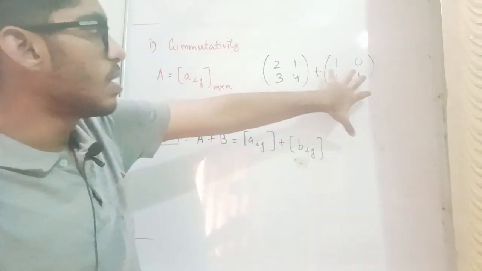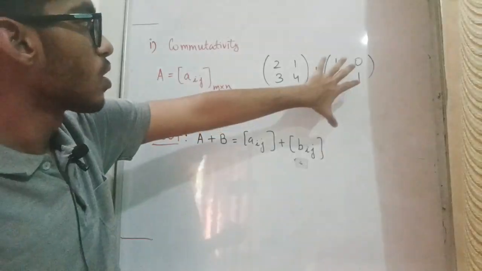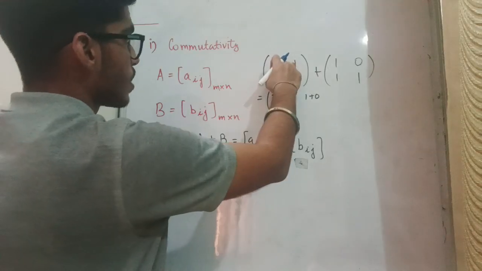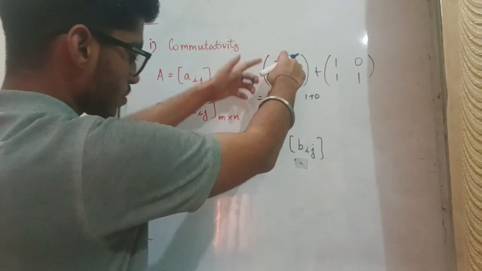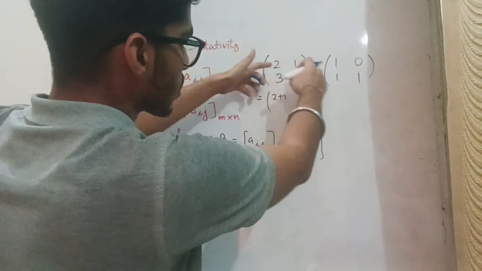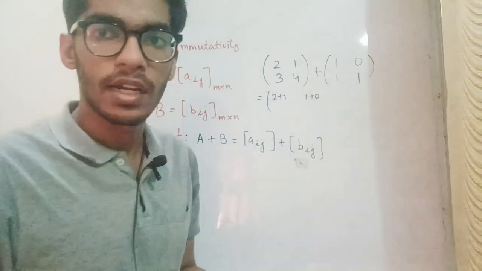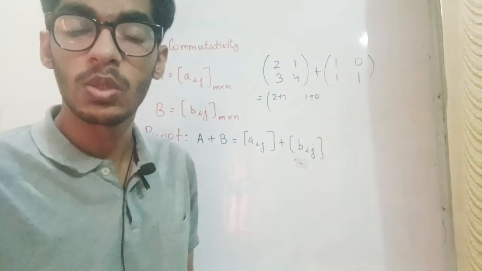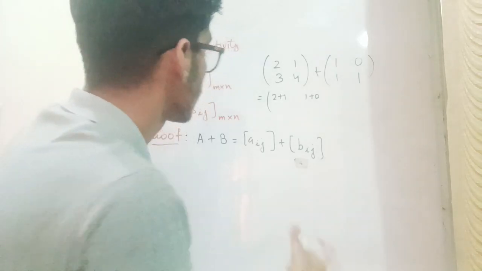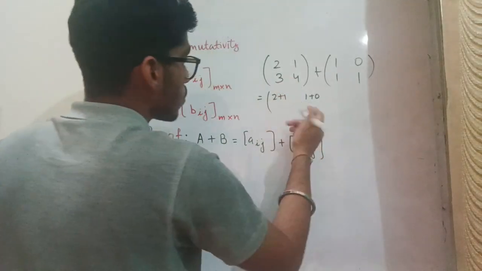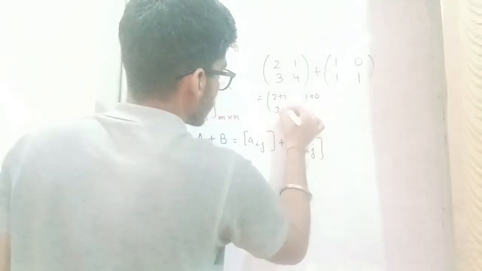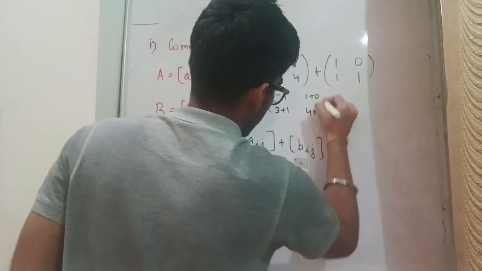That is, all the elements that occupy common positions are added. The element that occupies the top leftmost position is added to the element that occupies the top leftmost position in the other matrix. The same happens when we subtract two matrices. So 3 plus 1 and 4 plus 1.